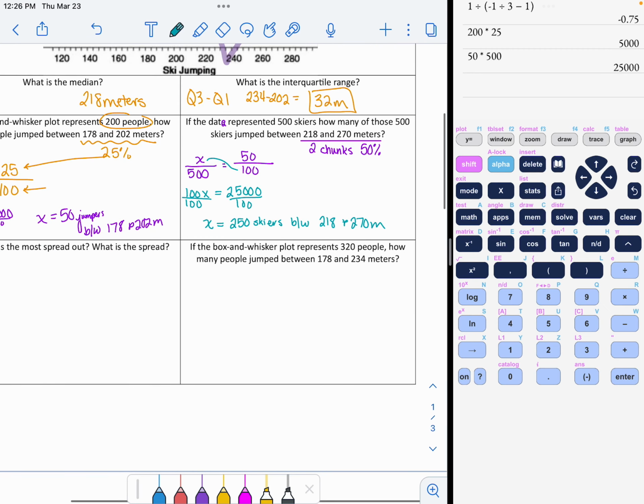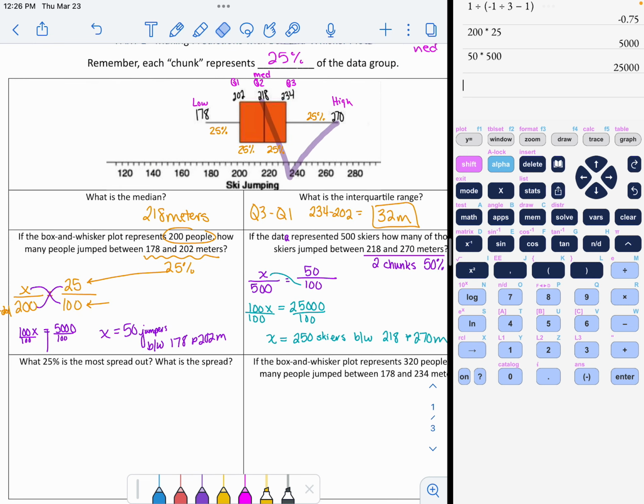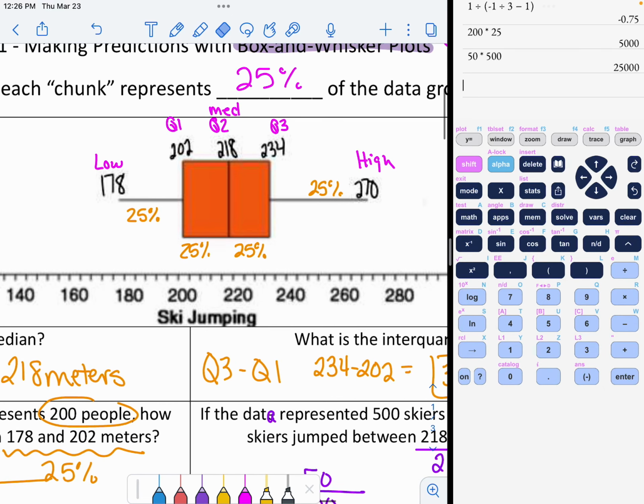Okay, now it says, in what 25% is the most spread out and what is the spread? So what we need to do is take a look, where does this data seem to be the widest? So are we the most differentiated there? It's pretty big. Well, it's definitely bigger than here. So far the lower 25%, and it's also definitely bigger than here. But this one looks pretty big too.